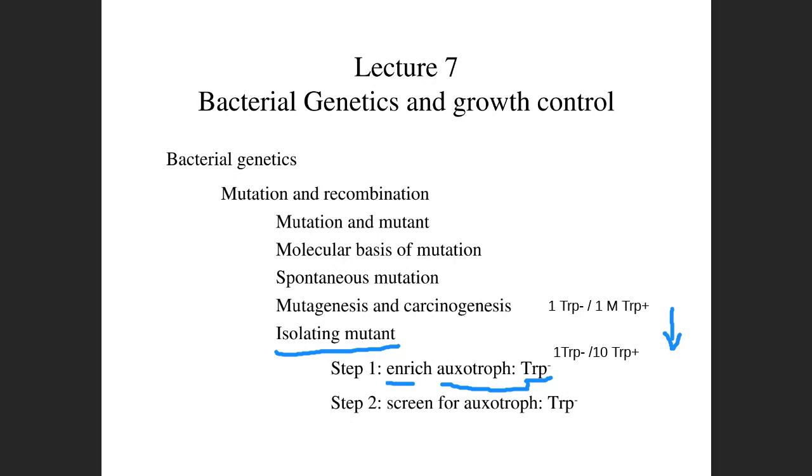Enrichment is increasing the numbers of the mutant. So we do a few things. What you do is you put 1 trp minus and 1 million trp plus, right?